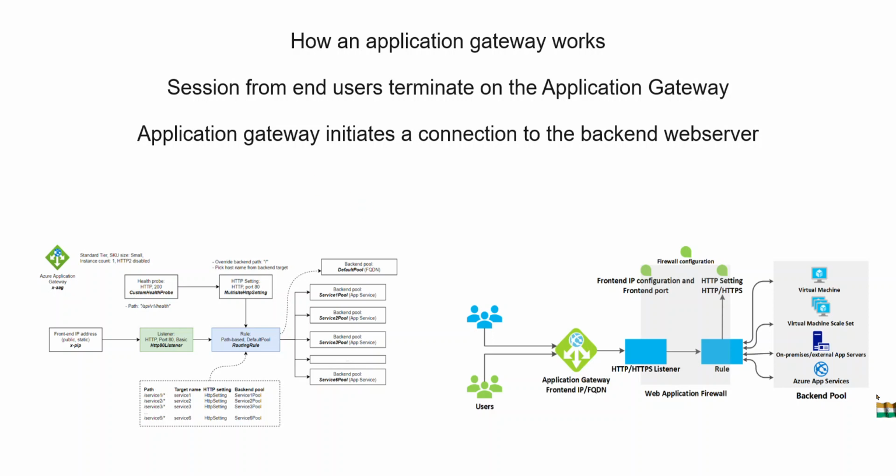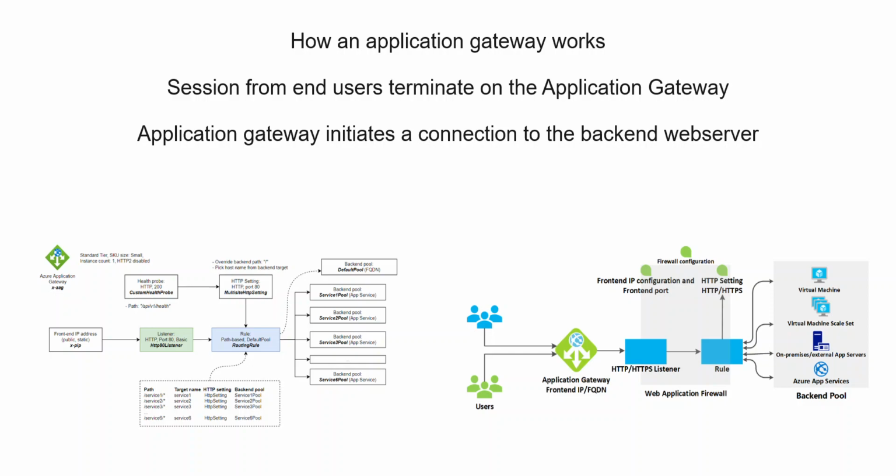So if we have a web application firewall, there will be some rules in that firewall configuration. It will check the request header and the body. If it is against the web application firewall rules, it will check if there is any security threat.